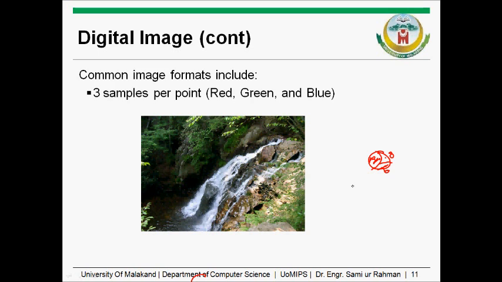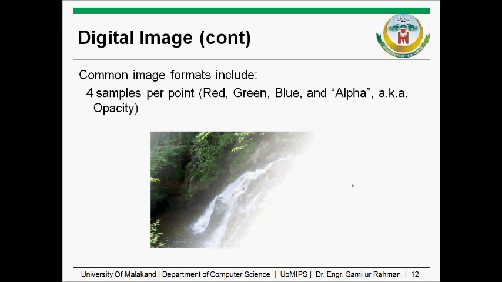In color images, for each pixel we have these 3 different values, and then we have another representation, and that is 4 samples per pixel. Yes, 4 samples per pixel.